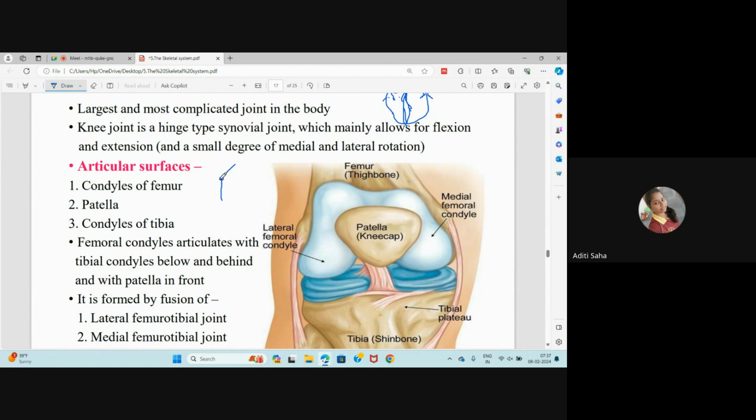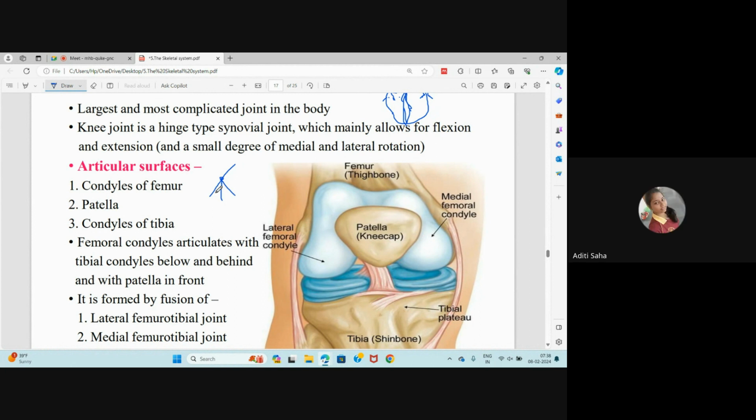If the angle is reducing, means if we are folding our leg, then the angle is reducing, right? So this is known as flexion. And if we are straightening our leg, then the angle is increasing, that is known as extension. Is it clear? Flexion and extension. Yes, ma'am.